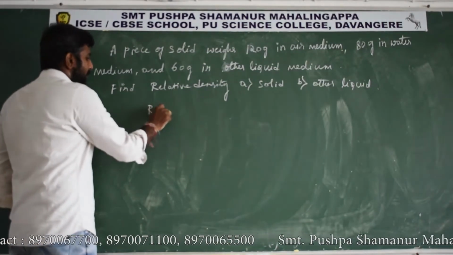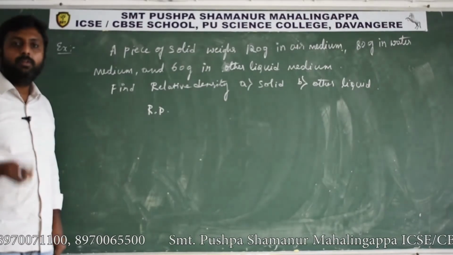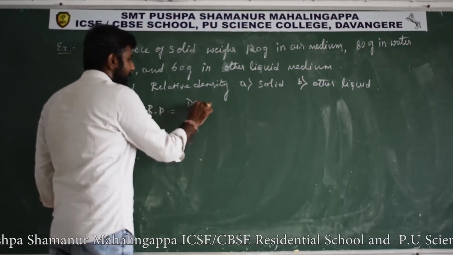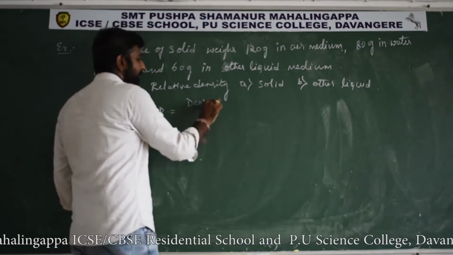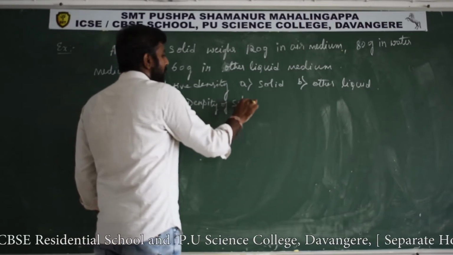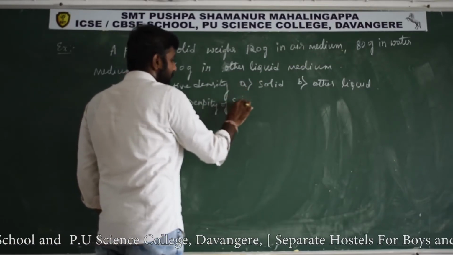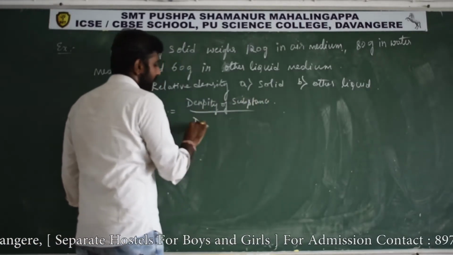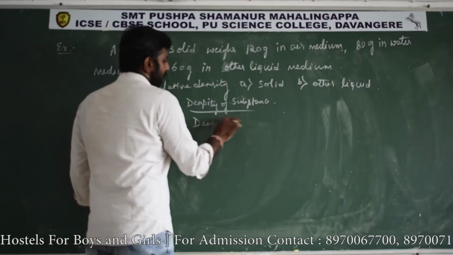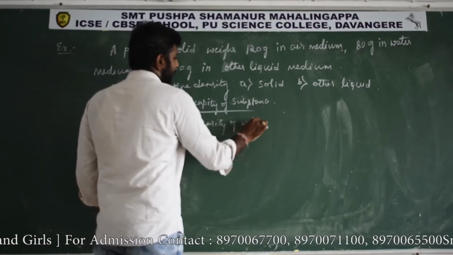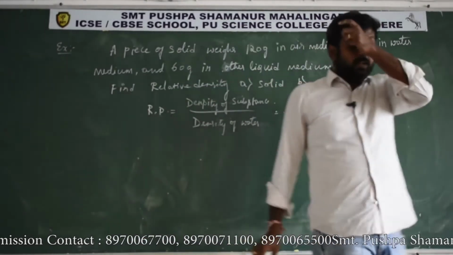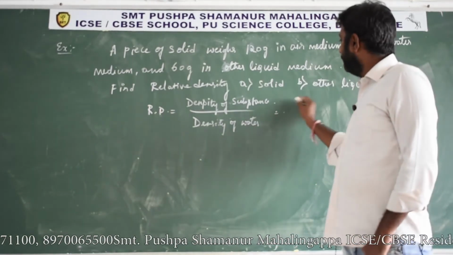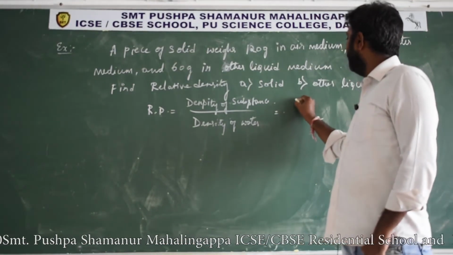First, the basic formula, that is relative density. How do we define relative density? The basic definition is density of solid, or density of substance, to the density of water. This is the basic definition, right? See here, density of substance. That means here the substance is solid. That density I will consider as sigma.